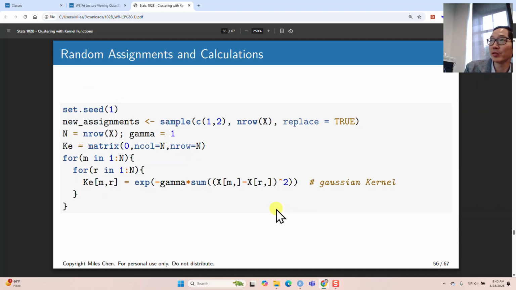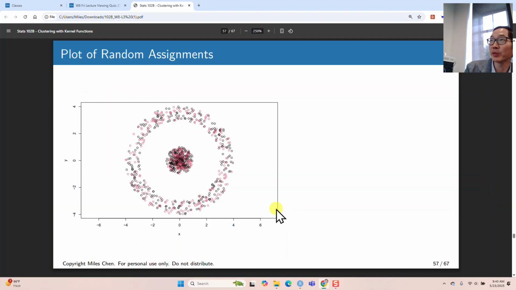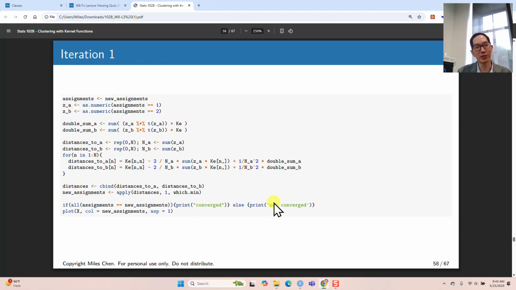And so, here I'm going to do random assignments to our clusters. So we just have a mix of this, and then we'll iterate back and forth and reassign. We reassign our points to the nearest centroid, even though we don't actually know where that centroid is. This is just the code to do that.